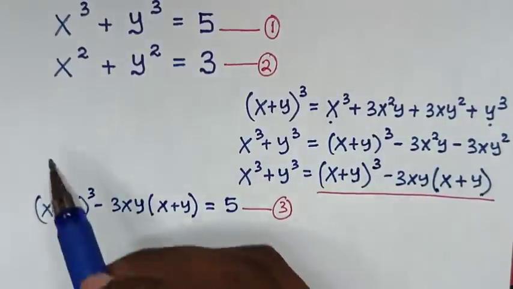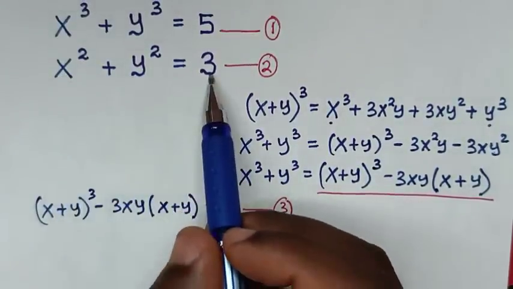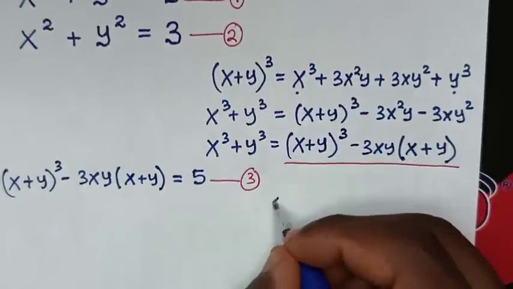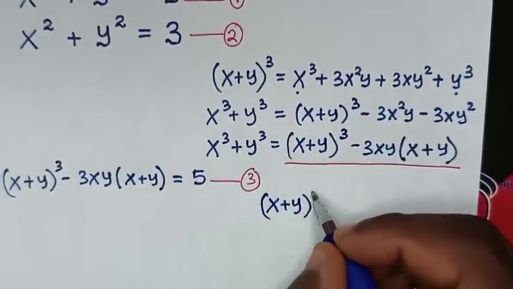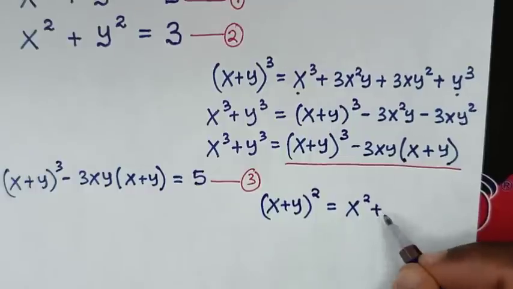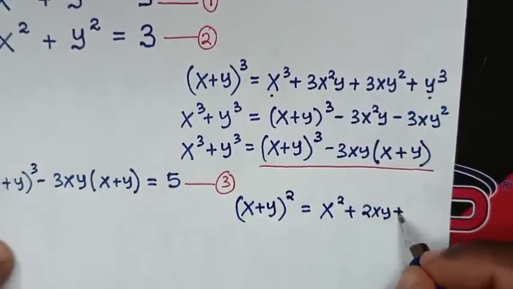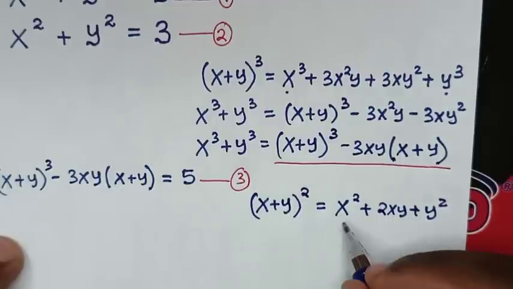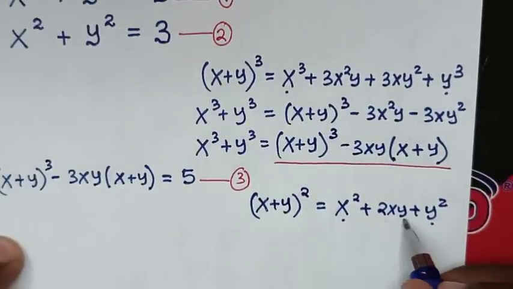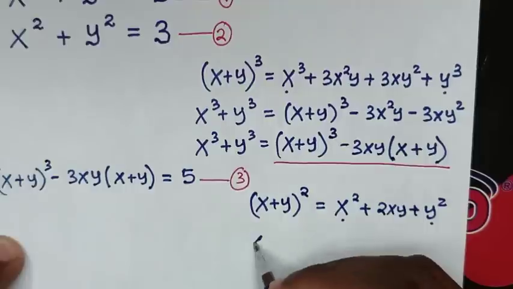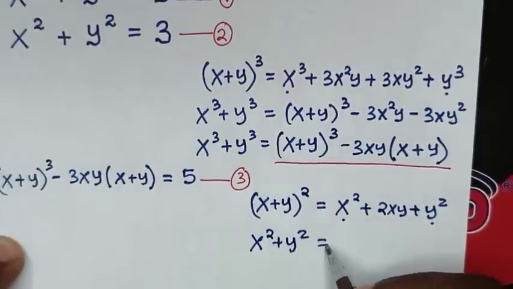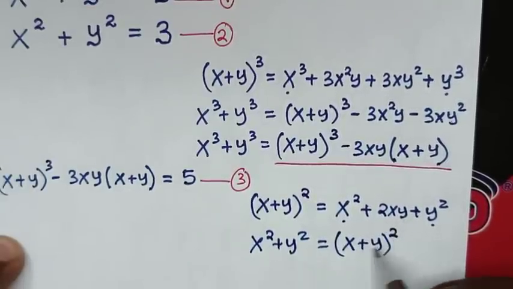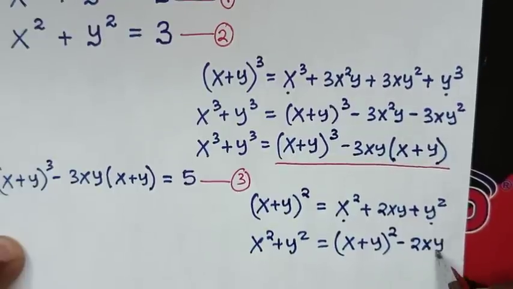Then in the next step, from the second equation, x^2 + y^2 = 3. On the left side, we will apply a rule again: (x + y)^2 is equal to x^2 + 2xy + y^2. So x^2 + y^2 is this, and we take 2xy to this side. So x^2 + y^2 is equal to (x + y)^2 minus 2xy.